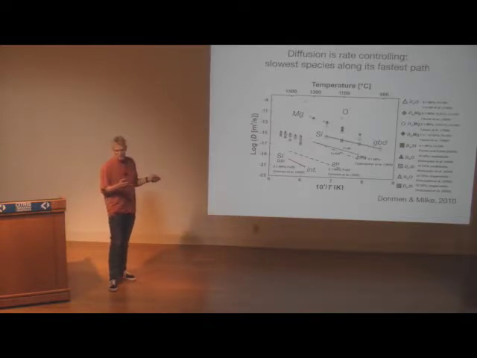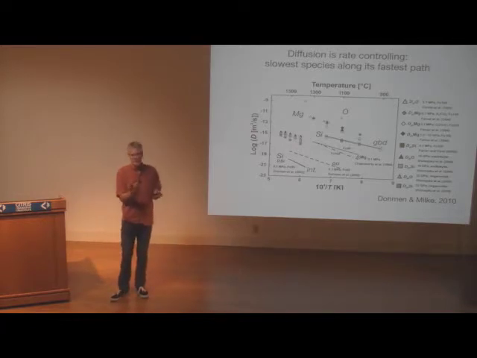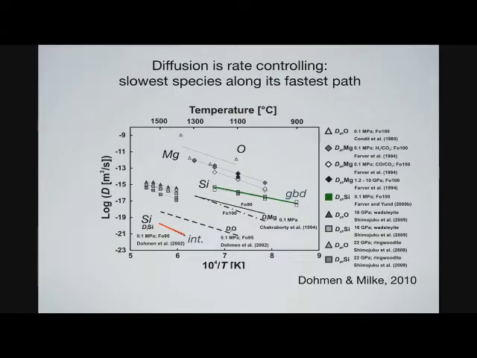So for the total strain rate, this is where it gets interesting, because you're linking a macroscopic observation, a strain rate, with a microstructural model. And then you say that overall the strain rate is controlled by the slowest diffusing species diffusing along its fastest path.